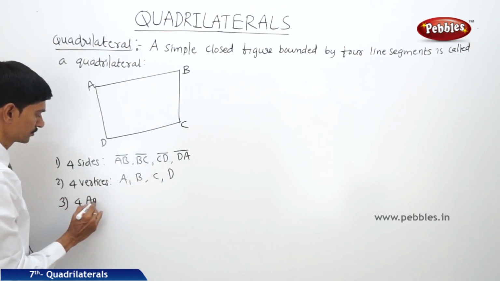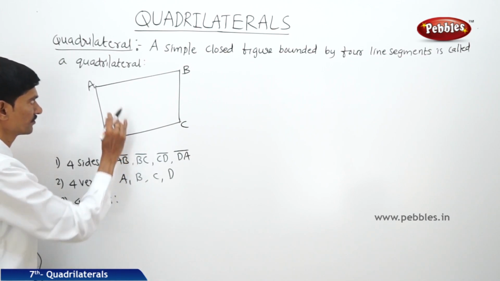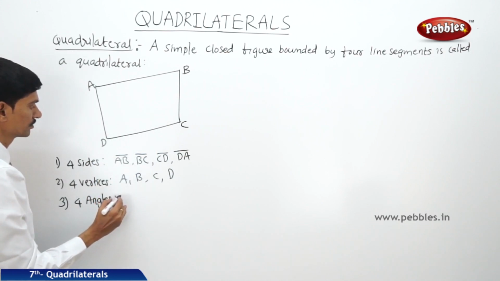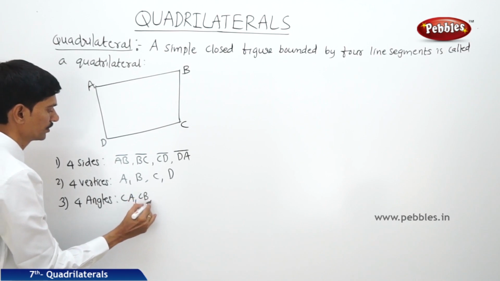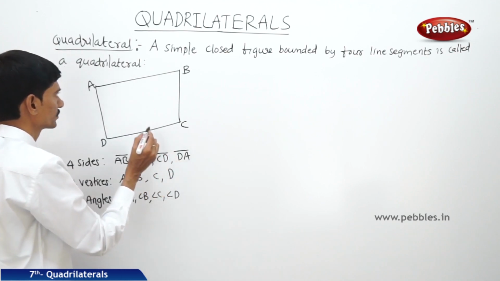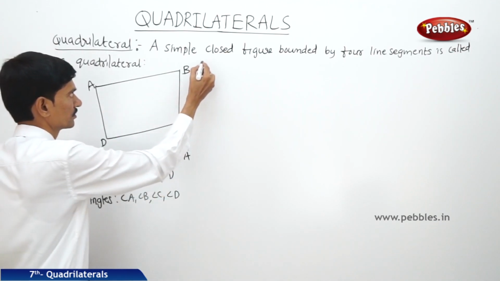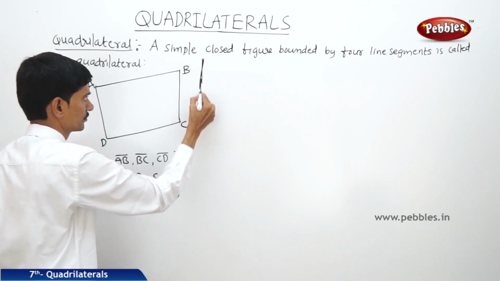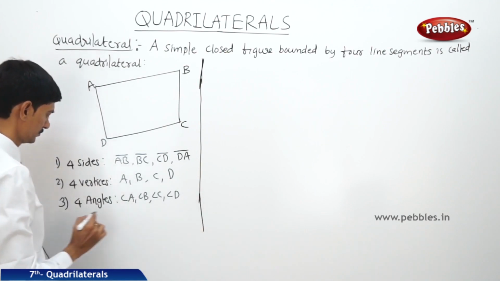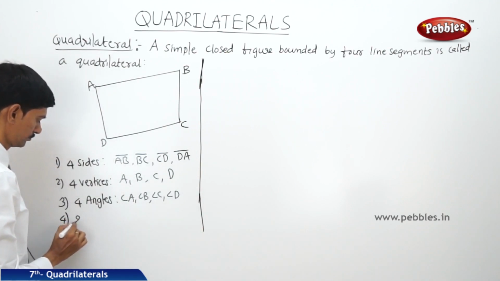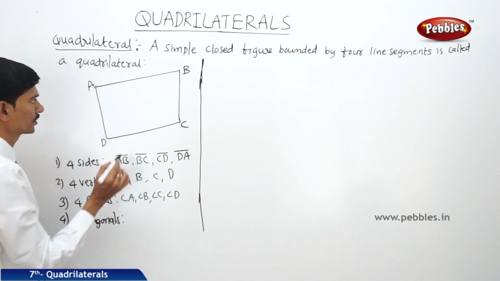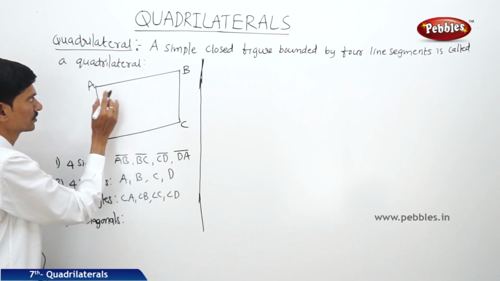And four angles. At each vertex an angle is formed. So the four angles are angle A, angle B, angle C and angle D. Now the two diagonals. Diagonals means the line segment joining the opposite vertices.